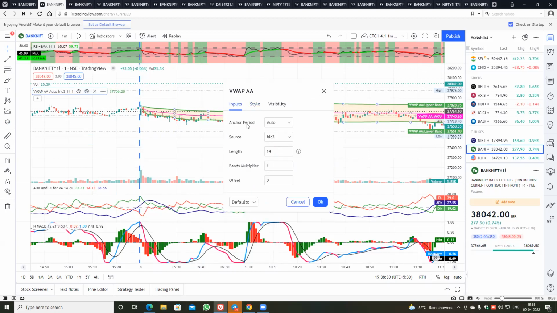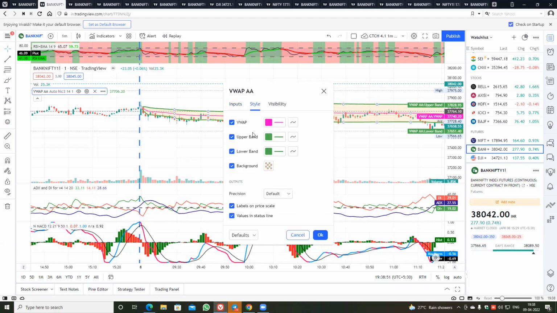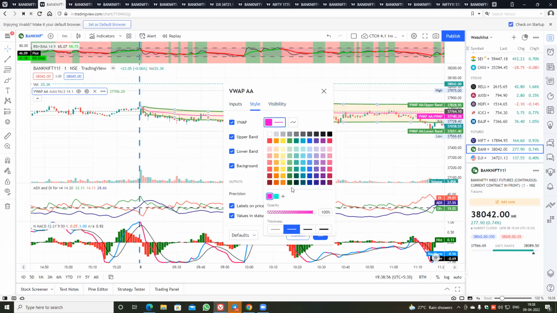It is inbuilt, and we don't have to change any of these indicators' input values, as Jagan sir has back tested it and changed it to our preference. You can see input values over here. You don't have to change them, and if you want to change the colors and all, you can change them. Style you can change.